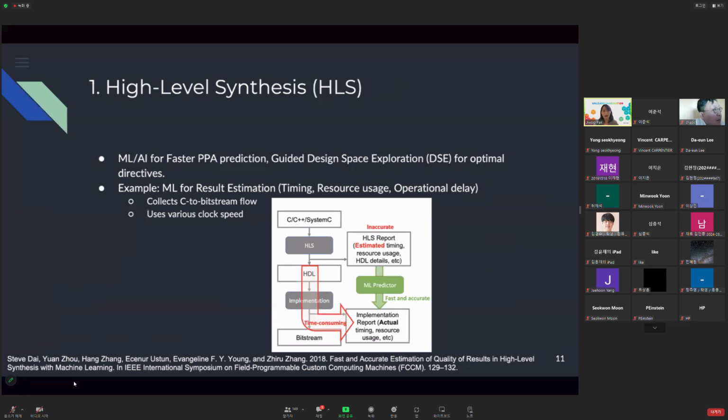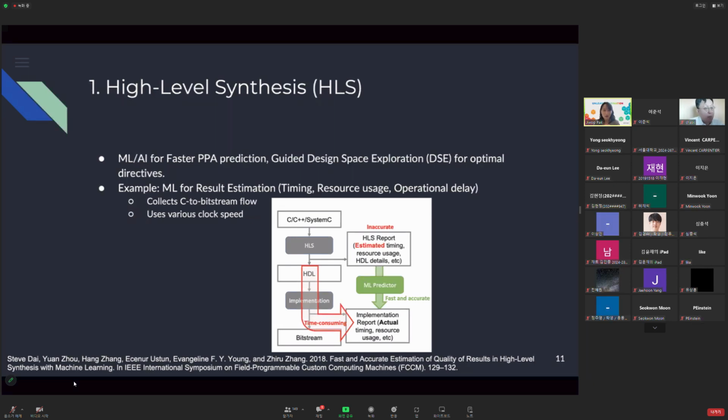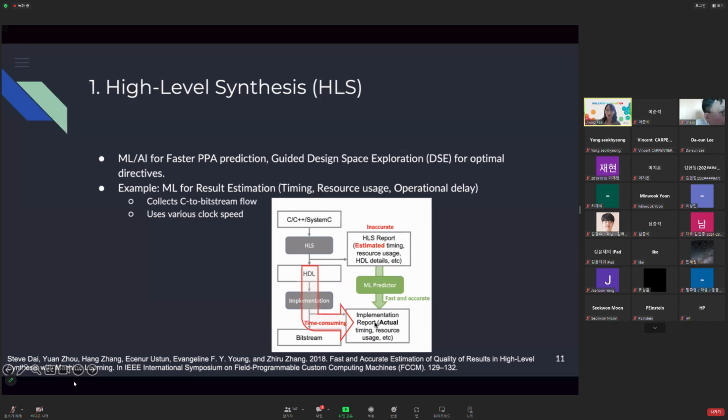So for the high-level synthesis, ML has been used for the faster PPA prediction or guided design space exploration for optimal directives. So at this moment, we don't know what will be the final timing. This is a very early phase. So unless we go through all the stages from high-level synthesis, logic synthesis, physical design, and so on, we don't know the actual timing. But we could have some rough estimation.